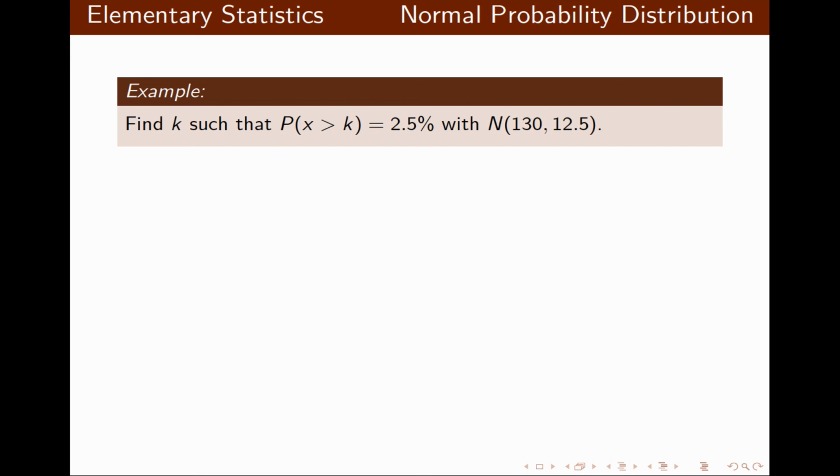In this example, we have a normal probability distribution with the mean of 130 and a standard deviation of 12.5. We want to find k such that probability that x is greater than k is equal to 2.5%.